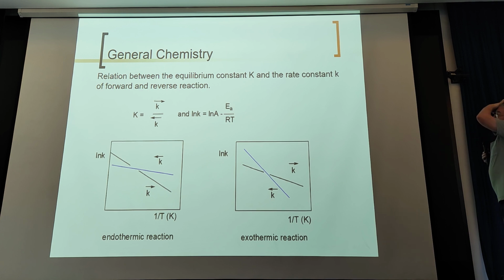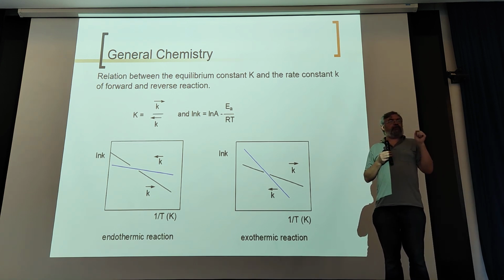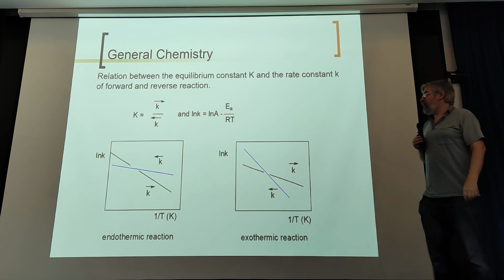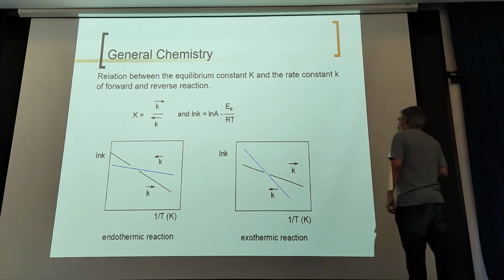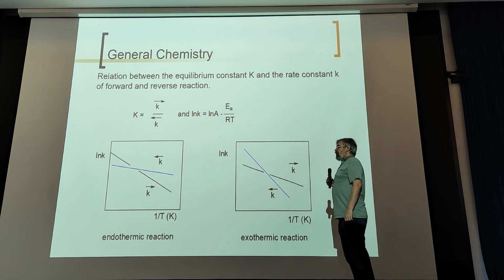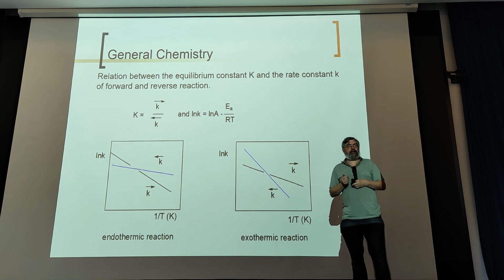So this is ln k, but small k. So this is the rate constant. And we can also write a relation to 1 over T in the same way.